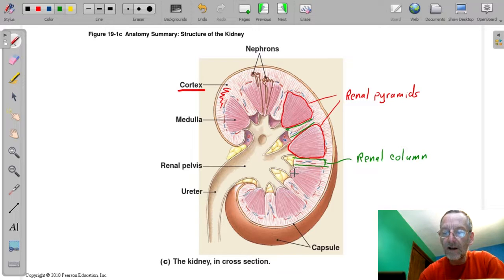Then the nephrons are in here, which we'll look through, and they dribble urine out of the apex into these cavities, which are referred to as a calyx. Somebody thought it looked like a flower cup, the petals, which in botanical terms is referred to as a calyx.